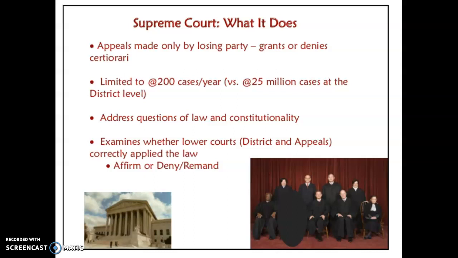They're extremely limited in the cases that they can hear, so they deny a considerable amount of cases. Similar to the previous court, they address the questions of law and constitutionality and whether or not the courts correctly applied the law. They will confirm that ruling or deny it or send it back.